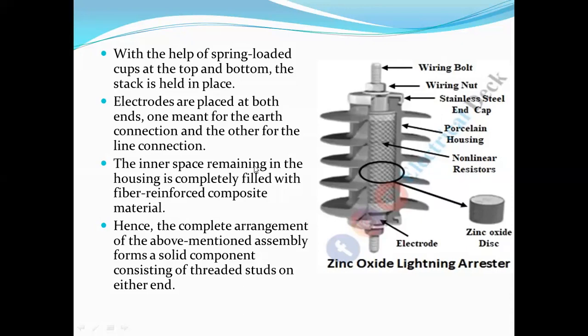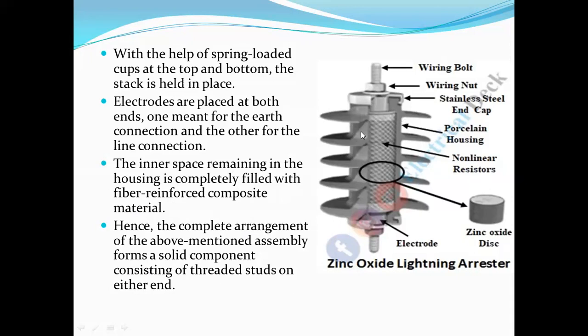The inner space remaining in the housing is completely filled with fiber reinforced composite material, and hence the complete arrangement of the above mentioned assembly forms a solid component consisting of threaded studs on either end.